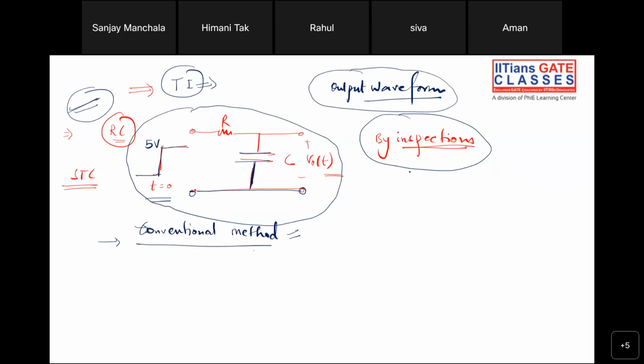Like, suppose you are writing a bank exam and there are some questions, and you're doing 222 into 11 like this, you will get the answer, but somebody is able to directly add and get the answer. That is the right way of solving, but you get the answer both ways. So the conventional method might consume a lot of time.